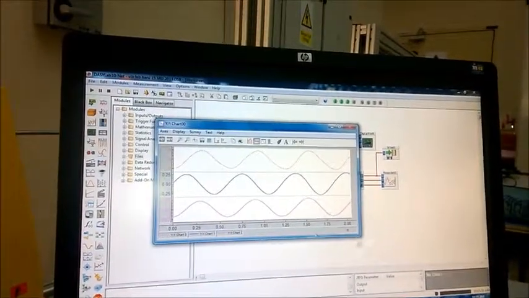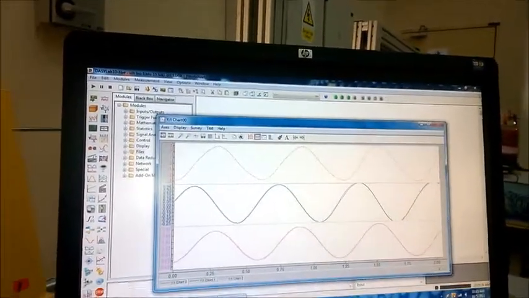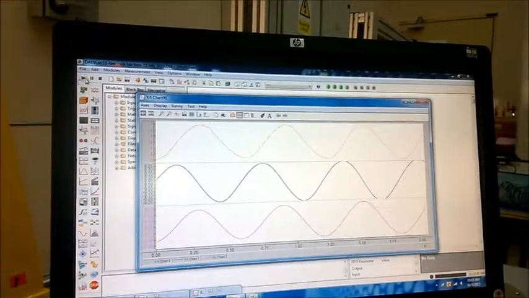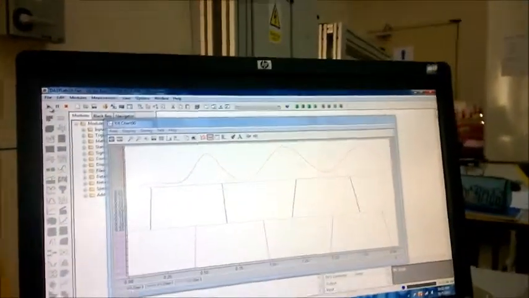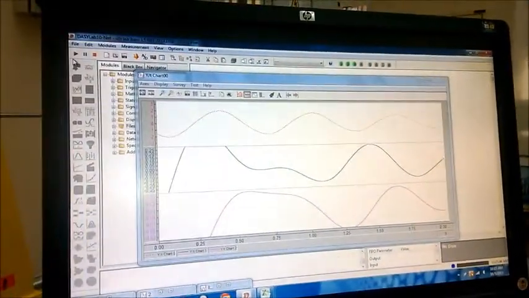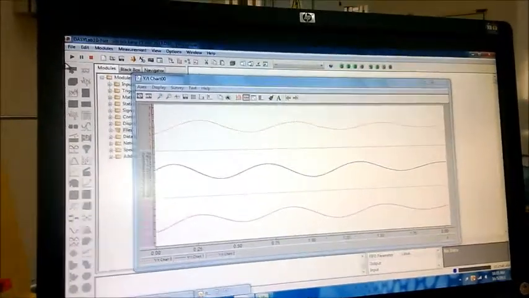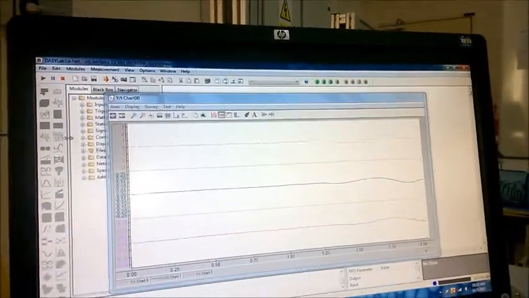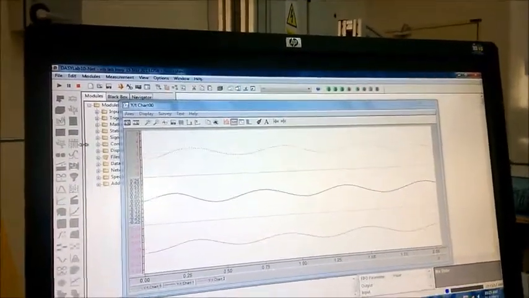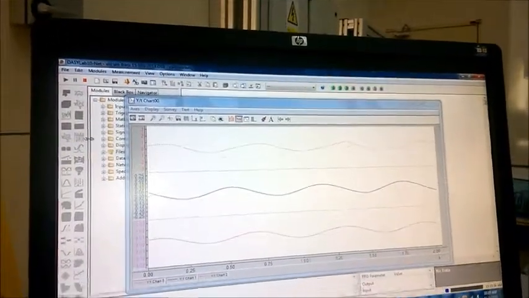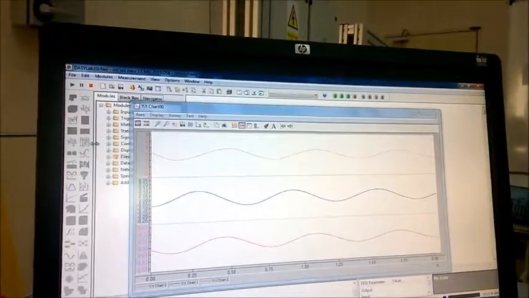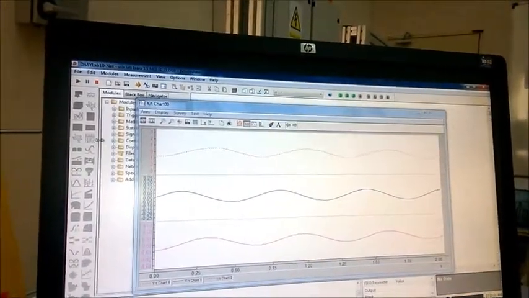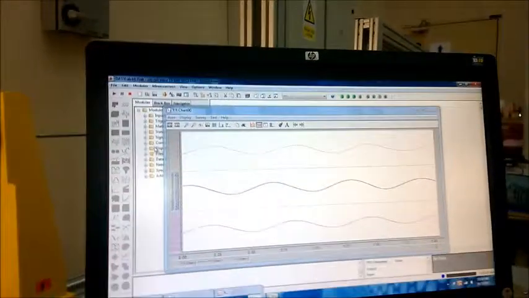Here is the example. It shows the graph of the acceleration, displacement, and also the velocity.